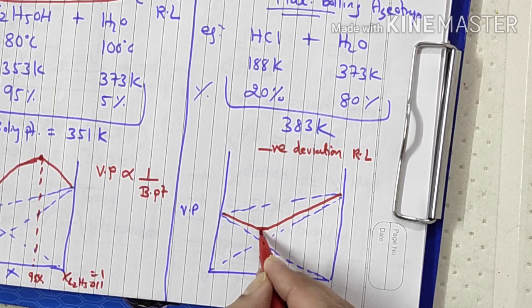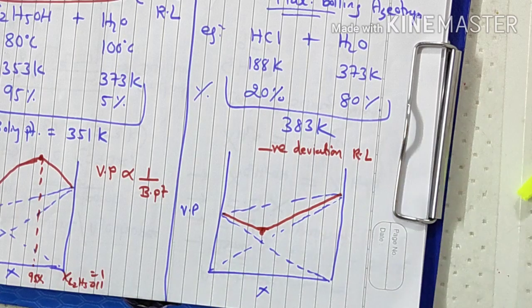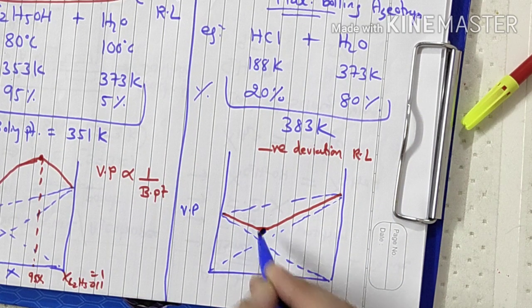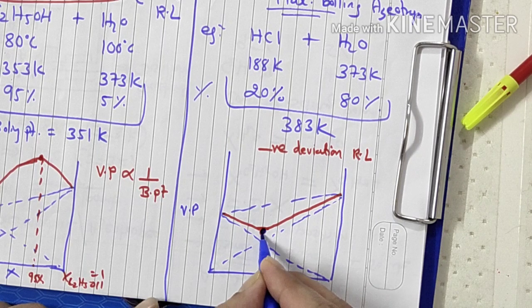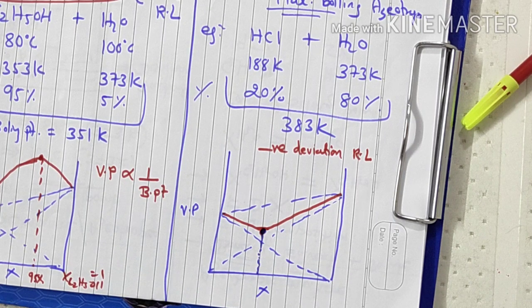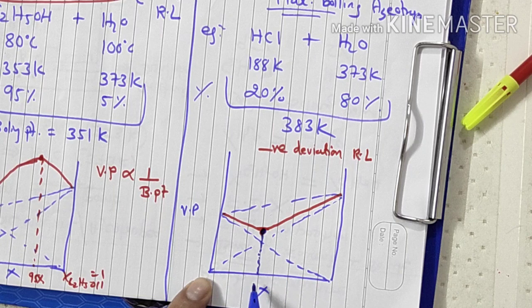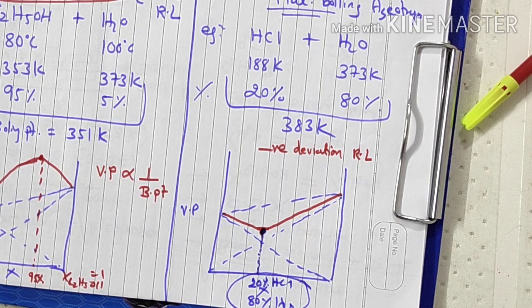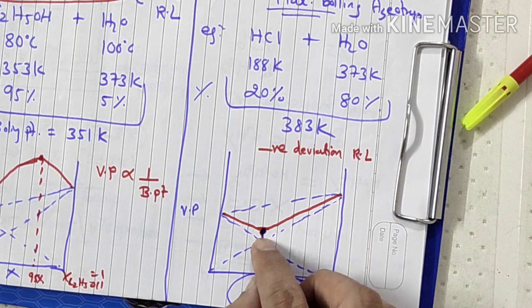Now at this point, if I draw like this, right, this is 20% of HCl. So here 20% HCl is present at this point and 80% water is present. When I take this composition, right, I'll get least vapor.